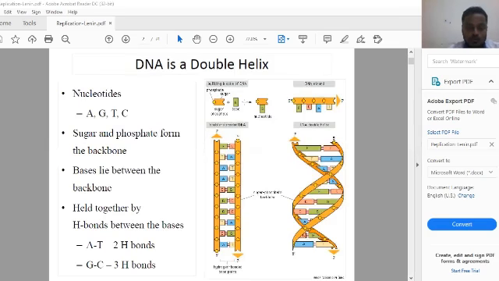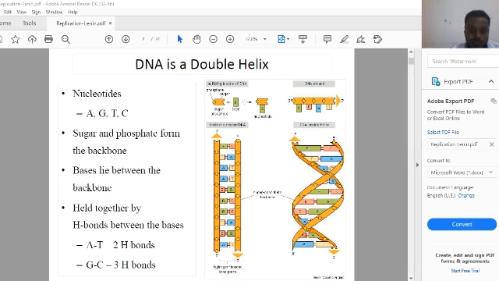I already know about the properties of DNA. DNA is a double helix. It has four nucleotide bases: adenine, guanine, thymine, and cytosine. Sugar and phosphate form the backbone of the DNA.